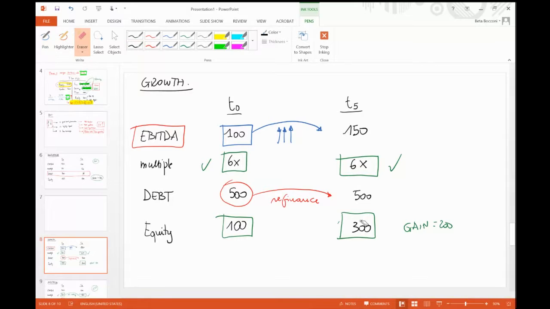You can imagine that if I am lifting up with operational efficiencies, build-up strategies, acquisitions, the EBITDA to 150, I can end up with an enterprise value which is no longer 600 but 900. And with a debt of 500, I can end up, now you know the story, with an equity of 400 and then with a capital gain of 300.